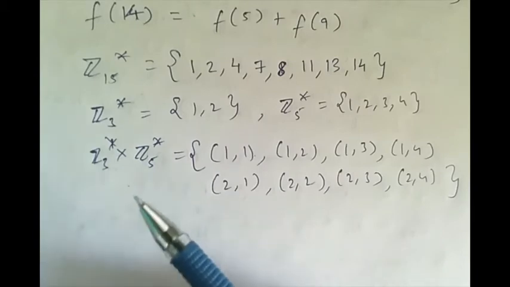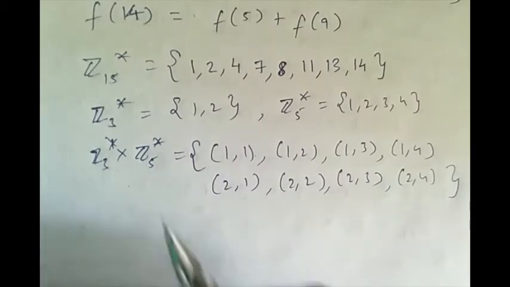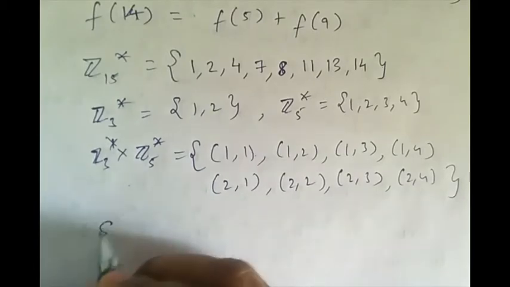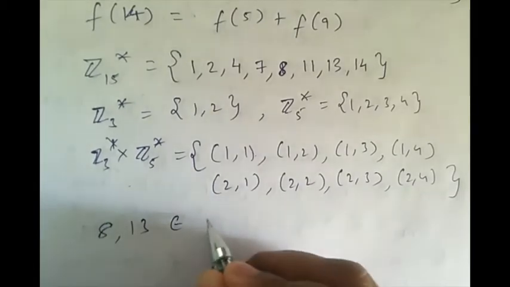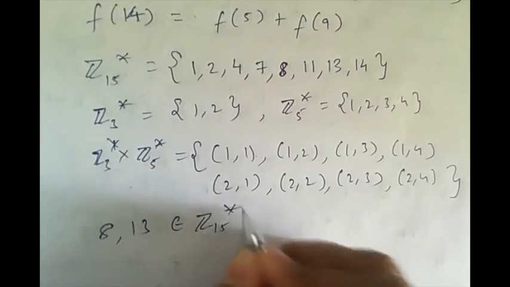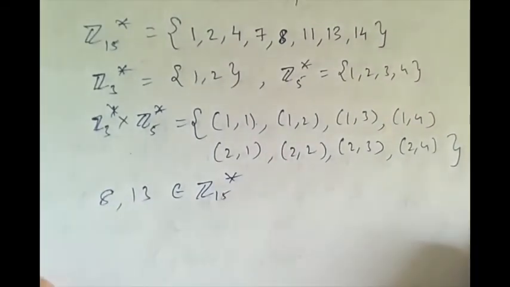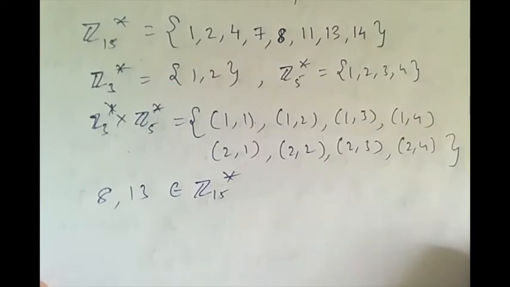Z3 star cross Z5 star. So let's take two elements, 8 and 13. Now remember the operation is multiplication modulo 15.